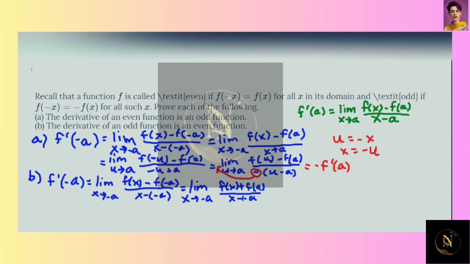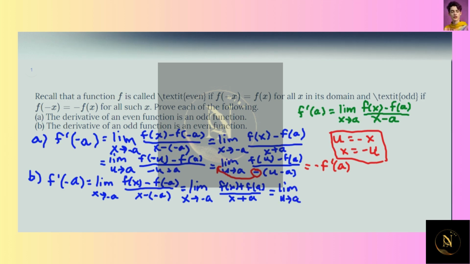So we use, at this point, the same substitution we had earlier. Same substitution where we let u equal to negative x and x equal to negative u. And this serves to switch the sign here of the negative a. So we get the limit as x approaches, or we substituted x with u, which flips the sign for the a.